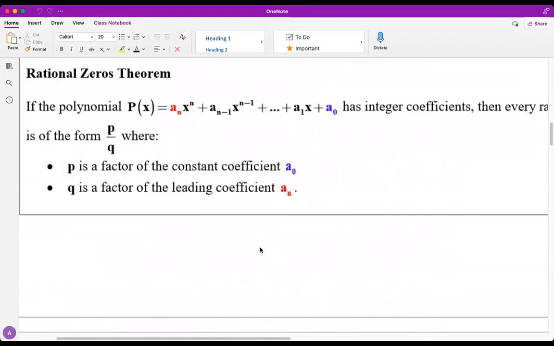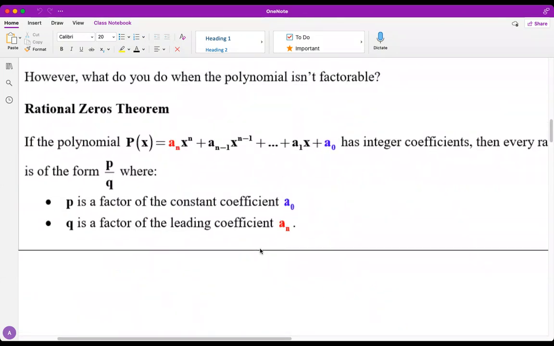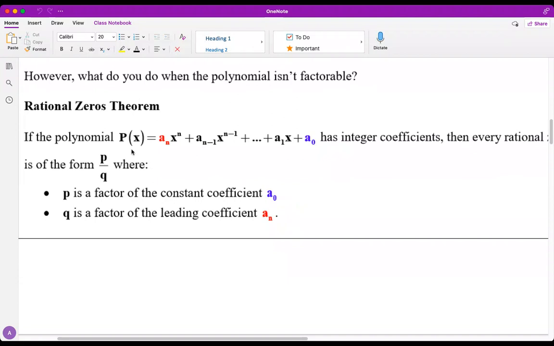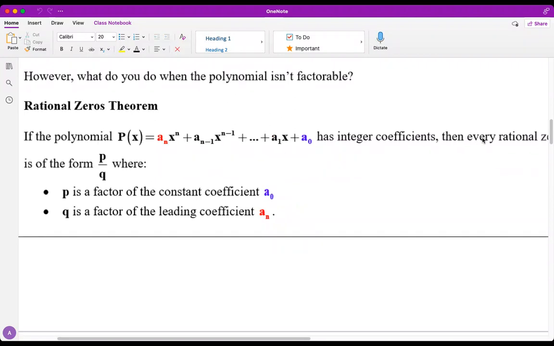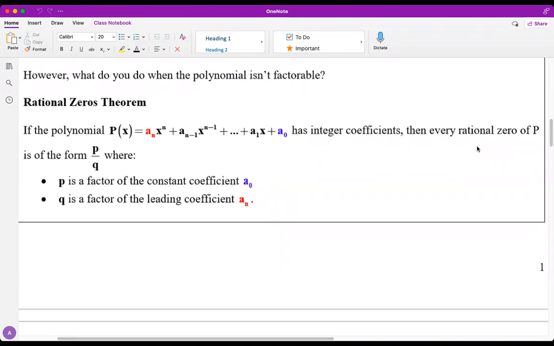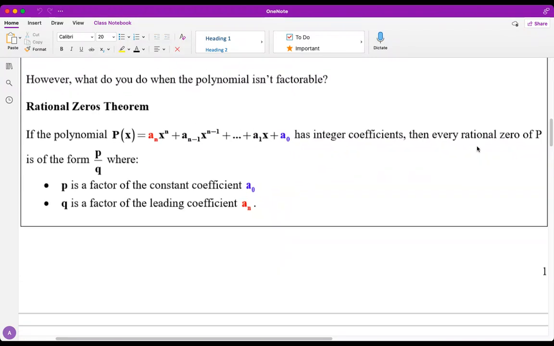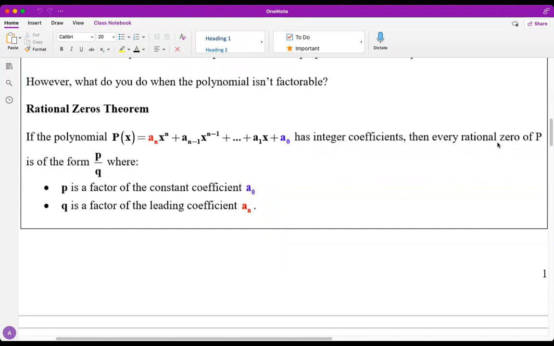So back up here, the rational zeros theorem says if we have a polynomial and it has integer coefficients, so very specific polynomial, but it applies to all the ones we're looking at in this class, then every rational zero, or as we saw in our vocab, zeros that can be written as fractions, is of the form p over q.